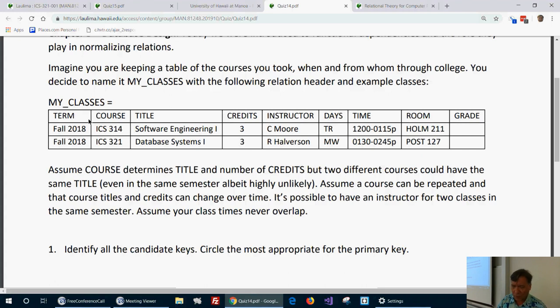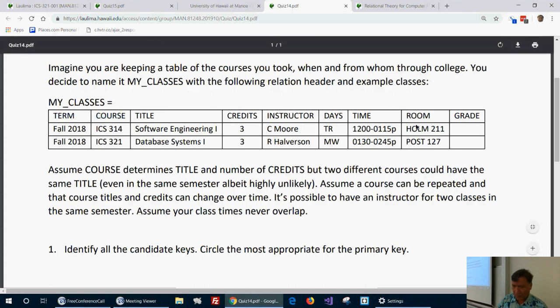But you're going to have one where this is dependent on this plus this, which is dependent on this plus this, right?